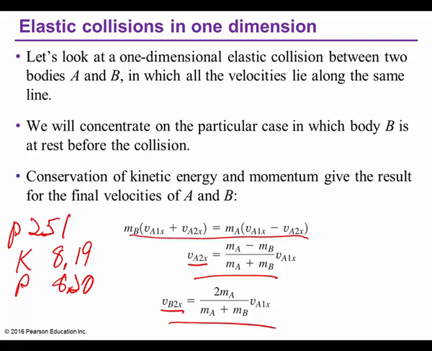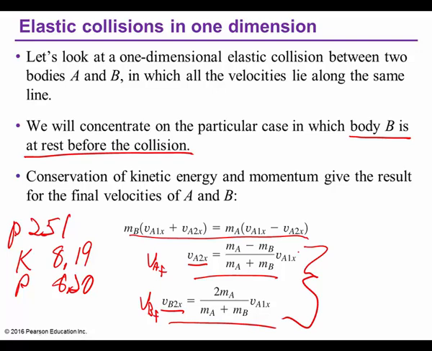Now, please understand, these equations are for one body at rest before the collision. When you write these two equations down, understand that this is for body A, the velocity of body A final. I don't know why they put 2; I wish they'd put F. And this is the velocity of B final.